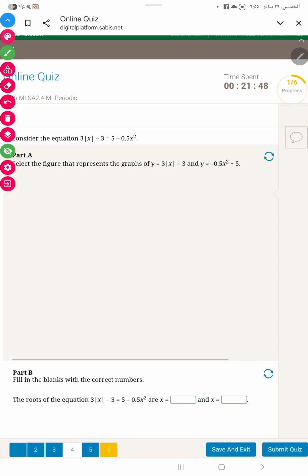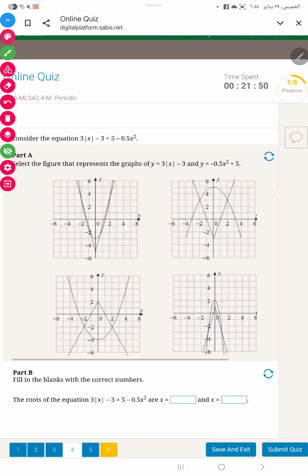Number 6 now. Consider the equation. Here are given two equations, absolute value and quadratic function. You have to memorize the parent functions for these equations. For example, y equal x squared.